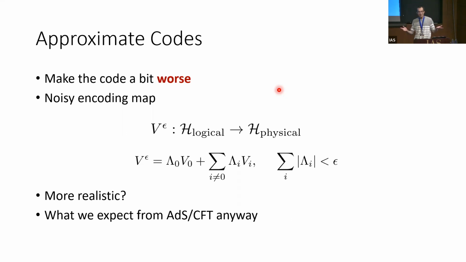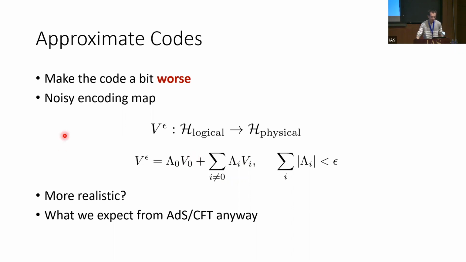More often than not, when we're, say, preparing a code in the lab or doing actual quantum computing, there is noise and nothing is perfect. So let's say you want to prepare an encoding map, or an error correction code that's characterized by this V0, which is the encoding isometry. Very often you don't really get to V0 exactly, but you pick up some noise terms, where each VI is an encoding map of a different error correction code.